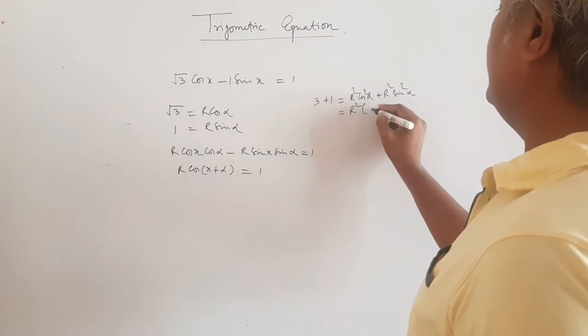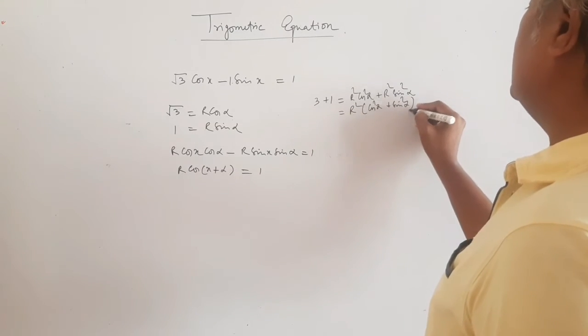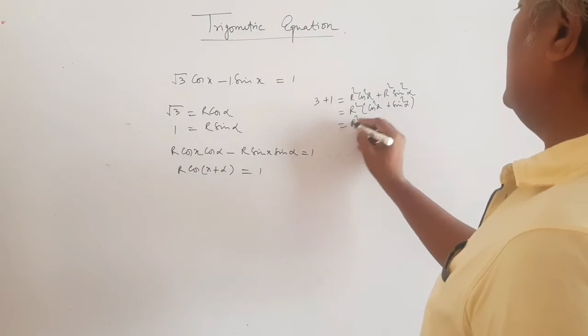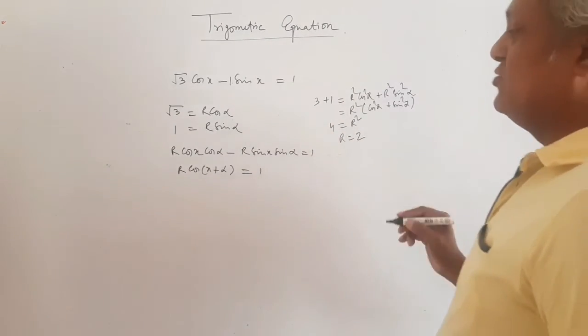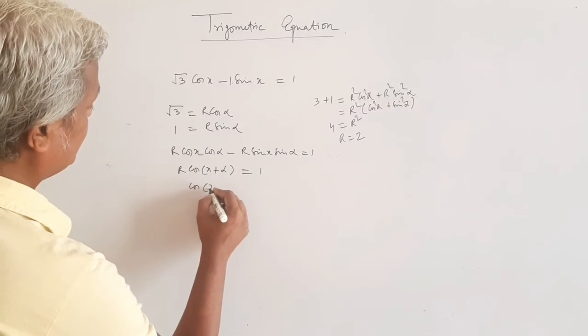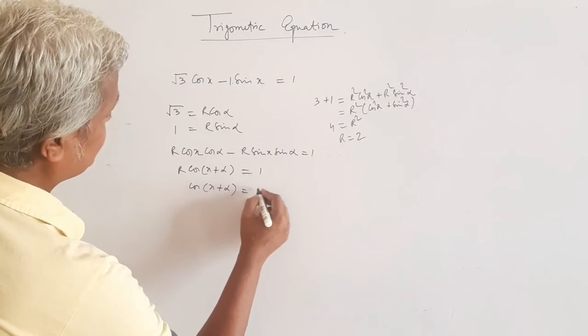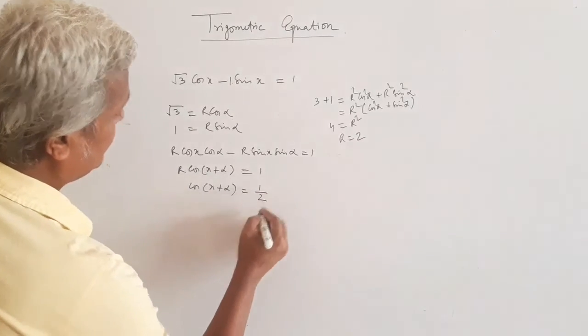If you take r square common, you get cos square alpha plus sin square alpha, that is 1. So r square is 4, so r is plus or minus 2. I ignore the sign, and I simply say that cos of x plus alpha is 1 upon r, which is nothing but 1 upon 2.